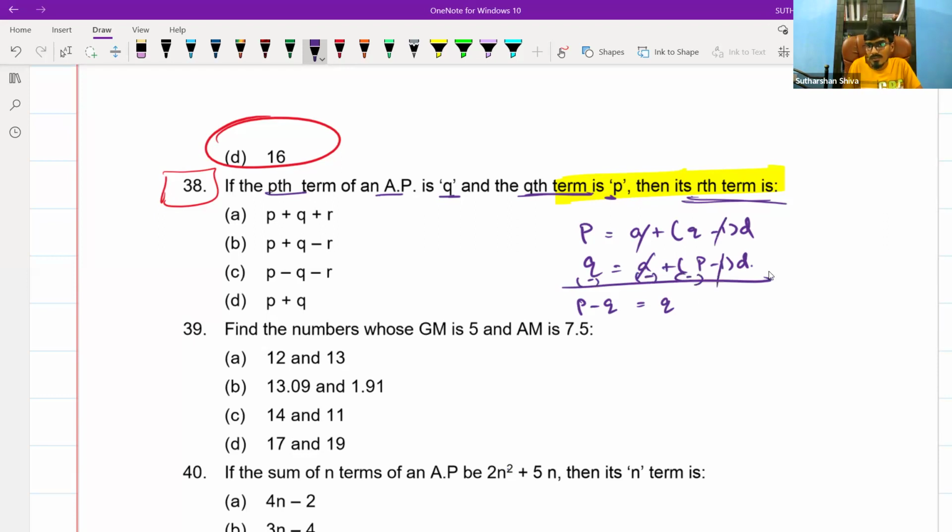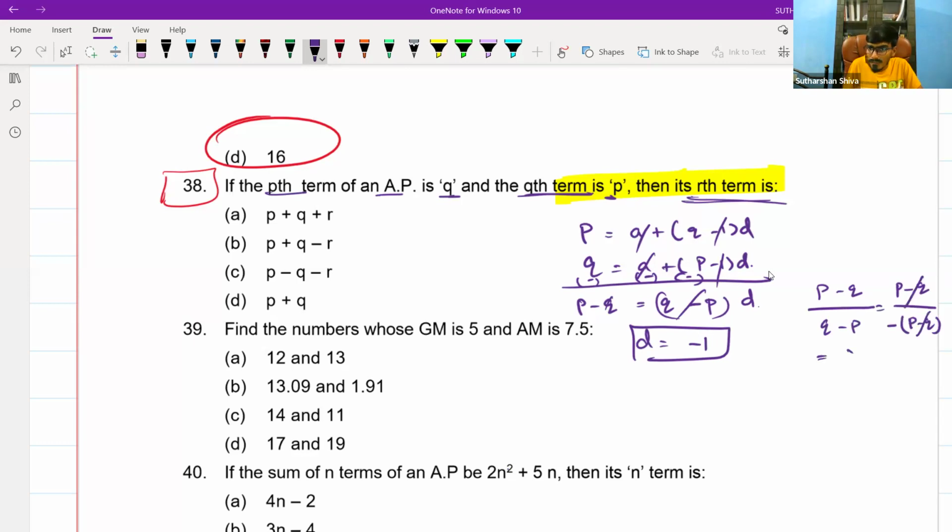This will get cancelled and it will become (q minus p) into D. Then Q minus P and P minus Q, if I cancel directly, it will become D equal to minus 1, because P minus Q divided by Q minus P is there. I will take minus outside, it will become minus (P minus Q), then if I cancel this, it will become minus 1.